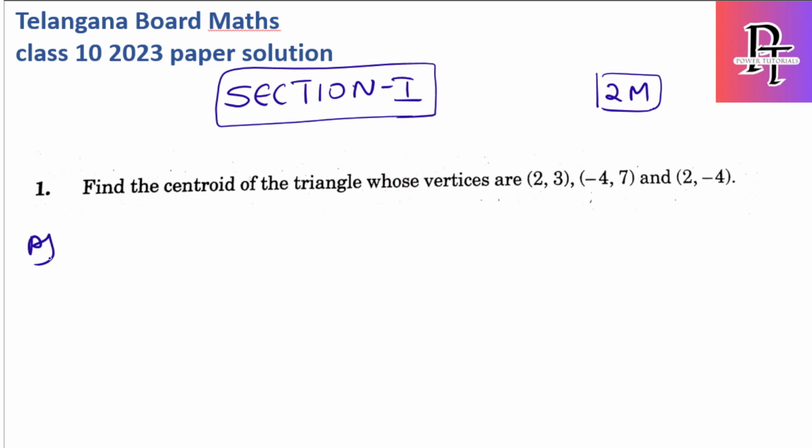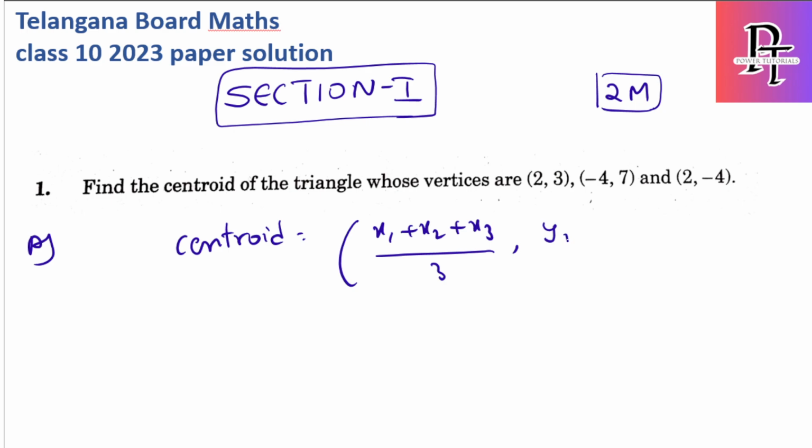Find the centroid of the triangle whose vertices are provided. The centroid is easy. For the center of a triangle, if 3 points are provided, the formula is (x1 plus x2 plus x3) by 3 comma (y1 plus y2 plus y3) by 3.